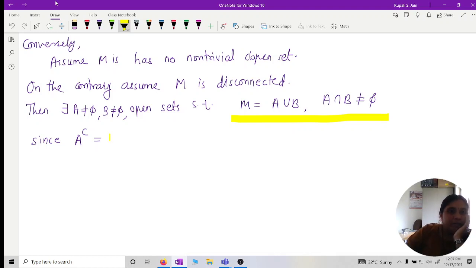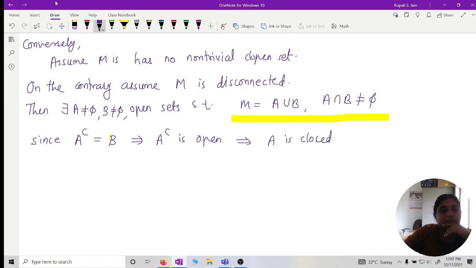It is M minus A, which is B. What does this imply? B is open, so A complement is open. Therefore, A is closed. But we started with A being an open set. So we are having a non-trivial Clopen set.